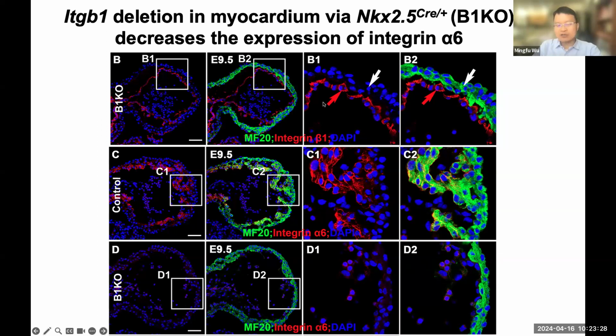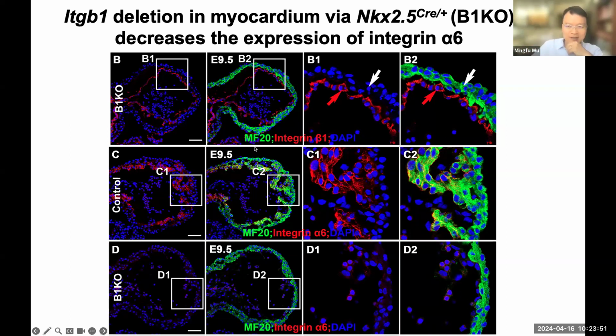So the next question I'm asking is, as I told you earlier, beta 1 integrin has to heterodimerize with alpha integrins to be functional. So we ask what the heterodimerized alpha subunits are, and also what the ligands of beta 1 are.